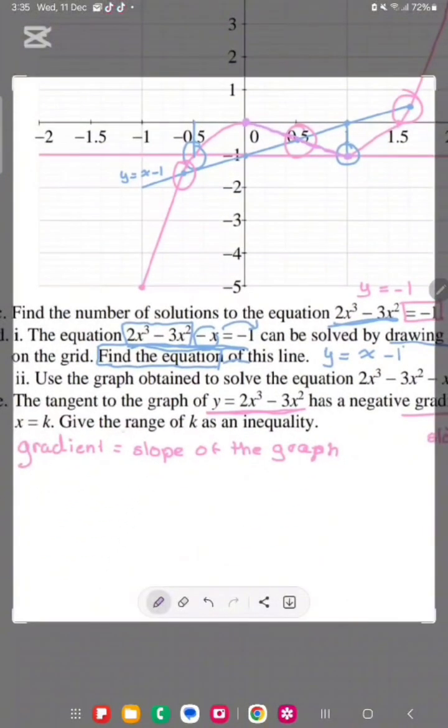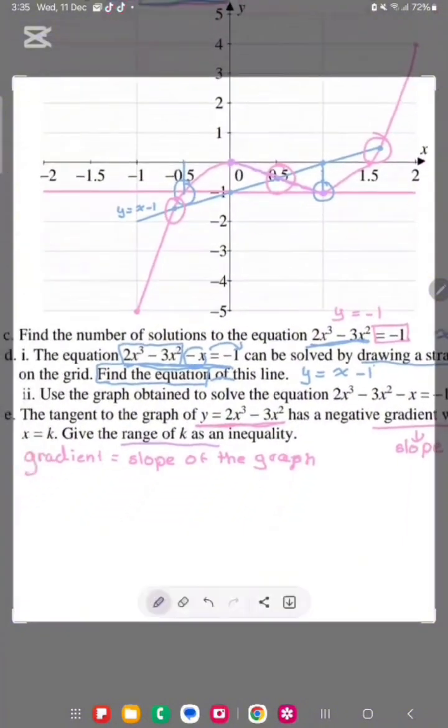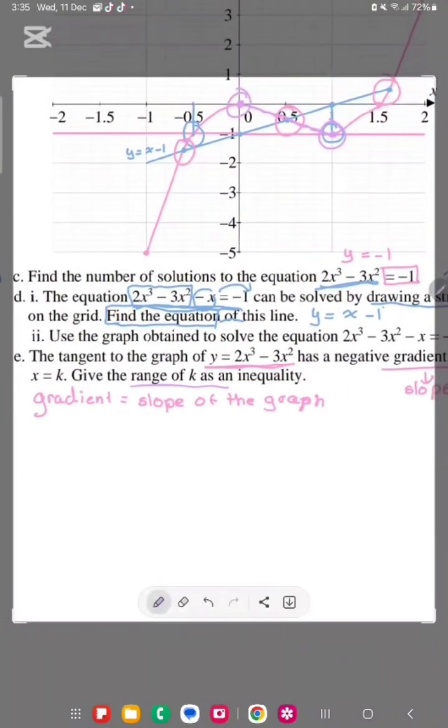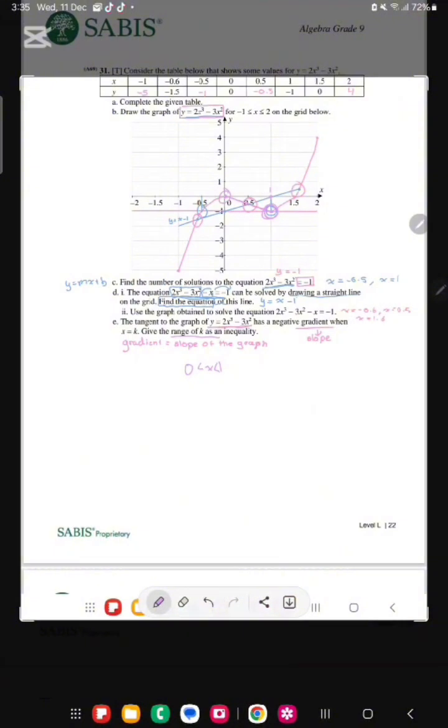They want, give the range of k. So, since I said from here till here, it's going downwards like that. You're gonna take the range. So it's between 0 and over here is 1. Between 0 and 1, and that's your k.